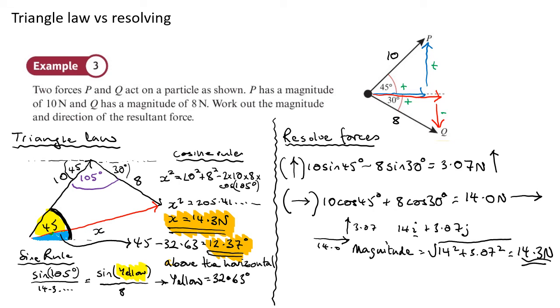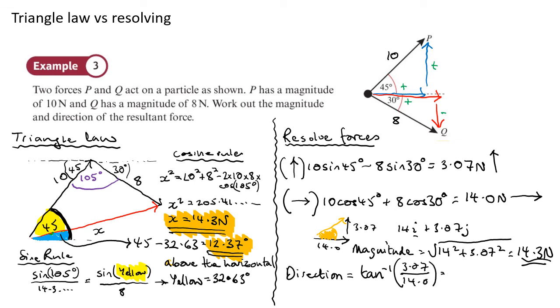And then to find the direction, so we're basically finding this angle here to find a direction, just like we did before. The direction is going to be the tan inverse of 3.07 over 14.0.